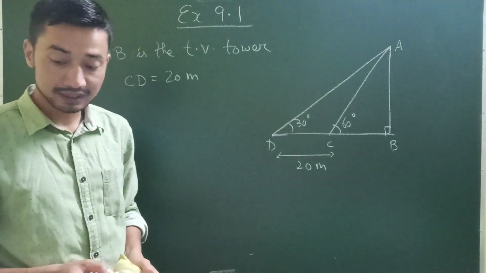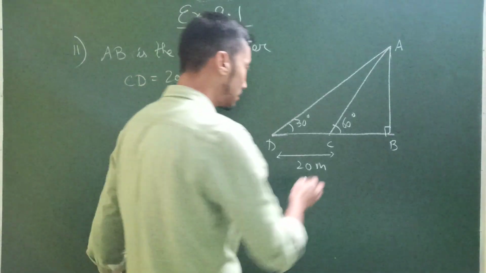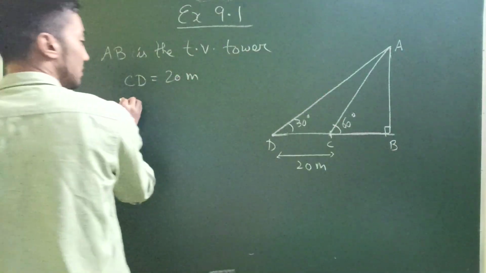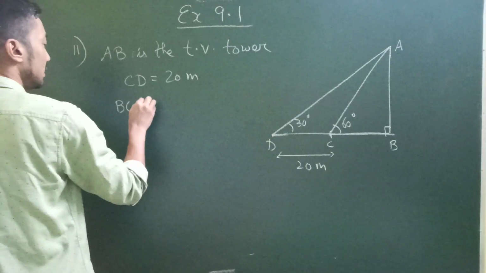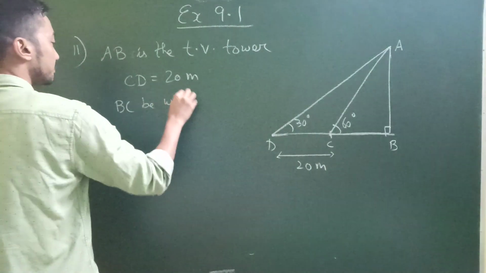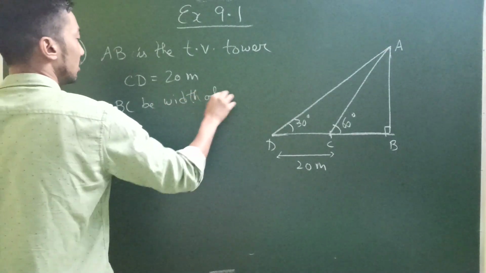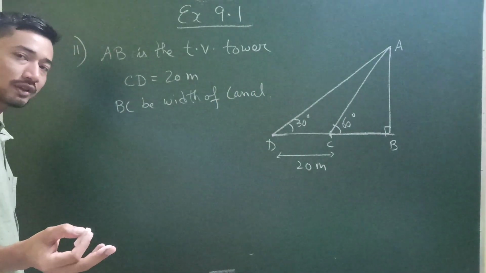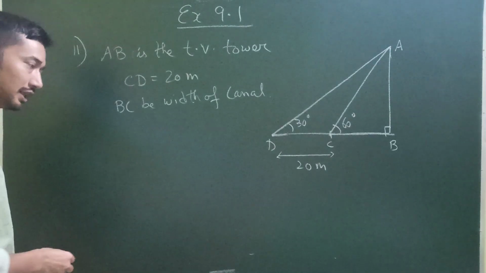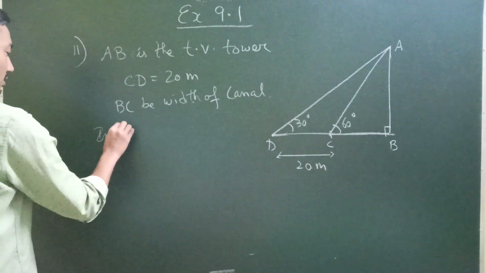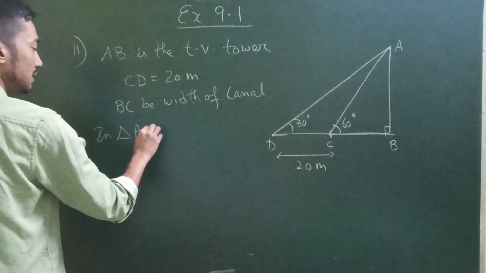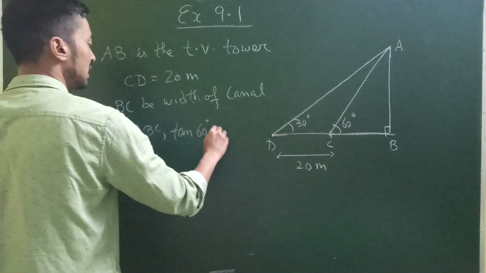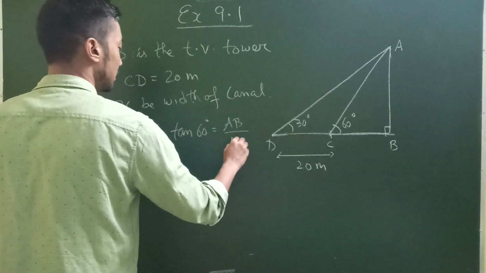Which is the canal here as per the question? It is directly opposite to this. This is the width of the canal, so let BC be the width of the canal. Alright, so let's solve our triangles. As I said, we will easily get the solution. In triangle ABC, tan of 60 degrees is equal to AB by BC.